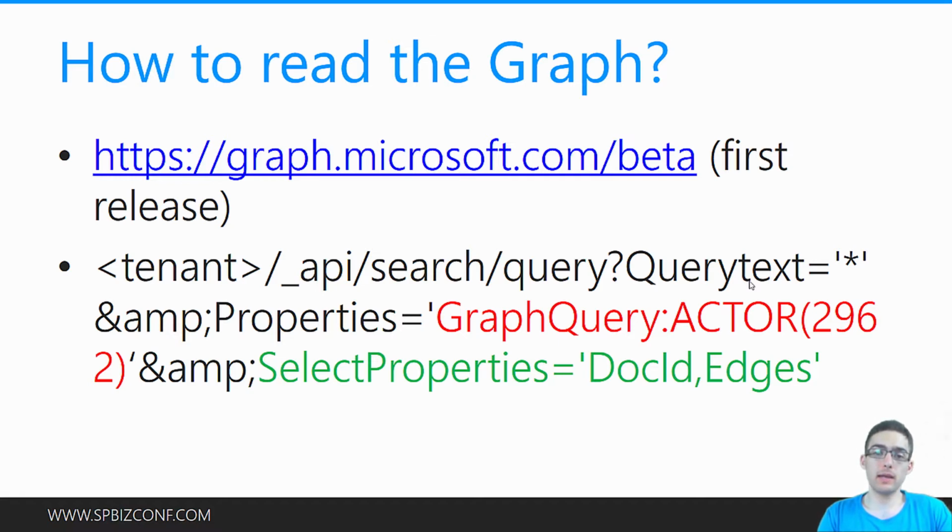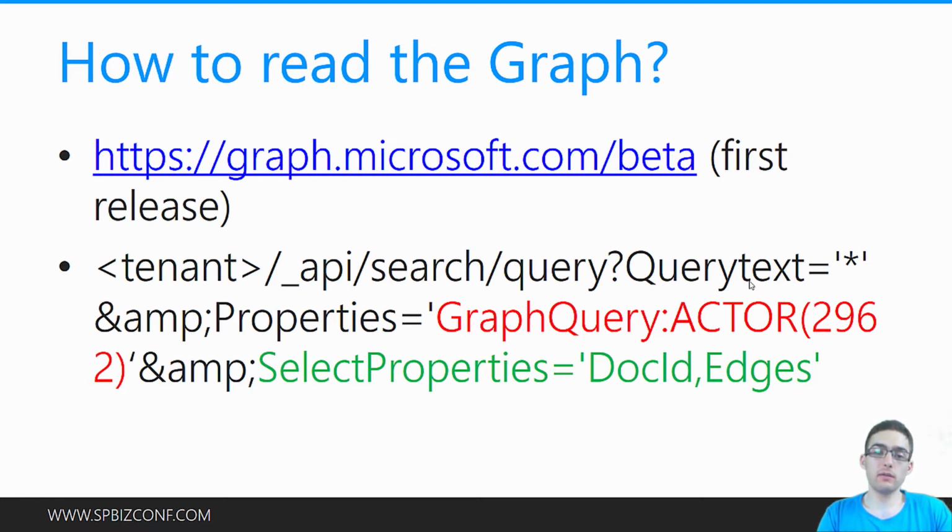As you can see on the screen, you have first the tenant URL /_api/search/query. That's the basic way you can send search queries to the search engine of SharePoint. Then you have the query text, so you can add some text to the query in order to filter out values.